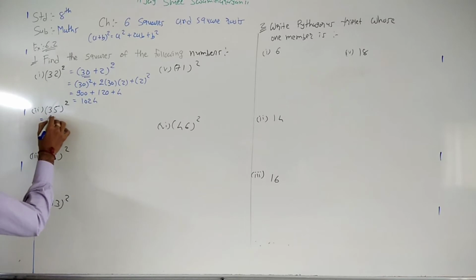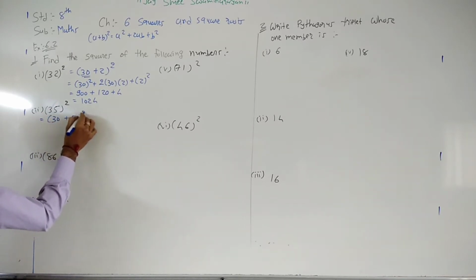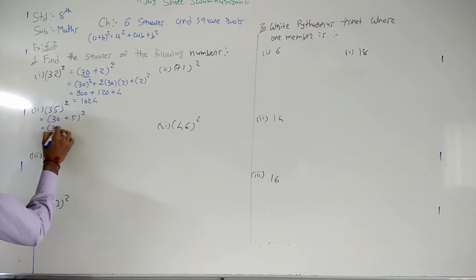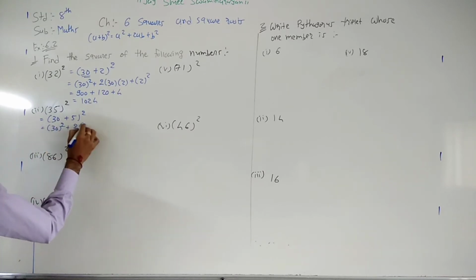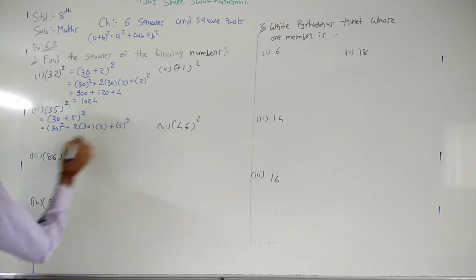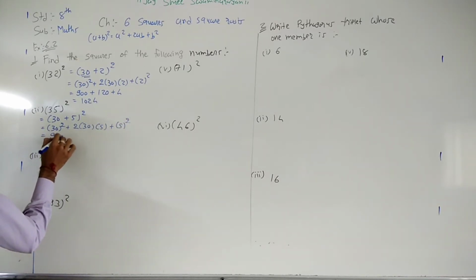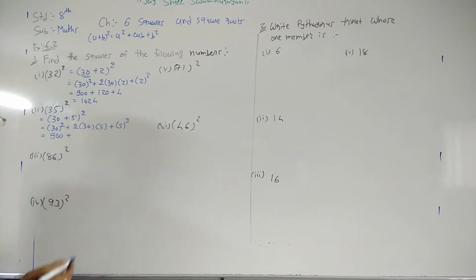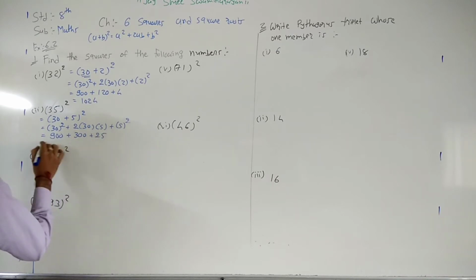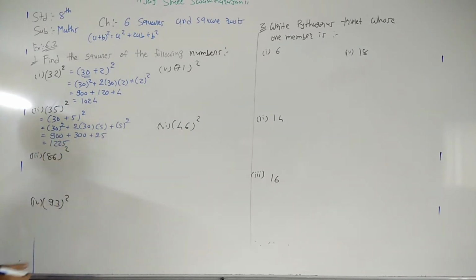Now here it is 30 plus 5 all square. First term 30 square plus 2 multiply first term 30, second term 5, plus second term square, so 5 square. Now 30 square is 900, 30 into 2 is 60, 60 into 5 is 300, plus 5 square is 25, so 1225.